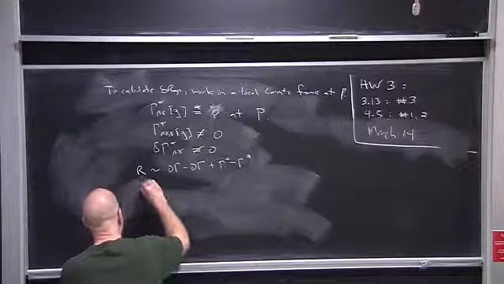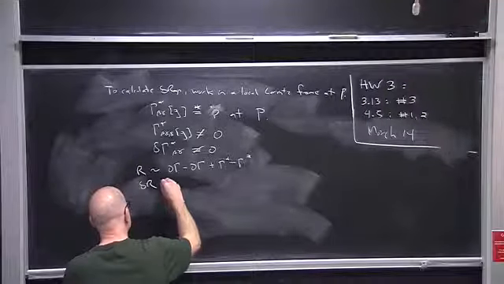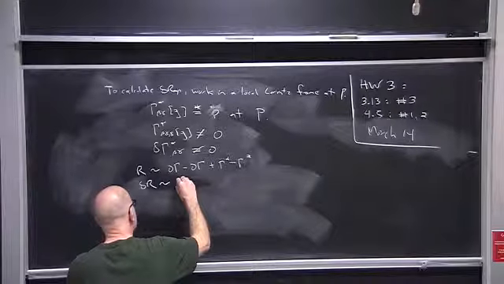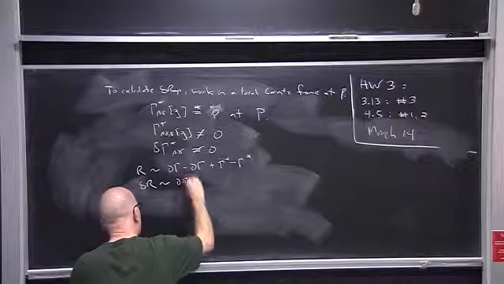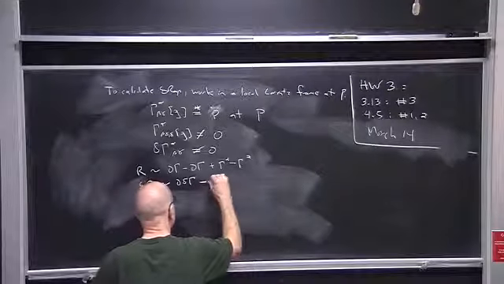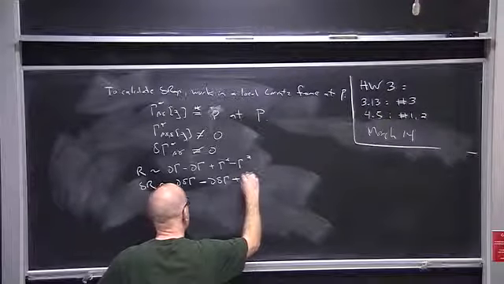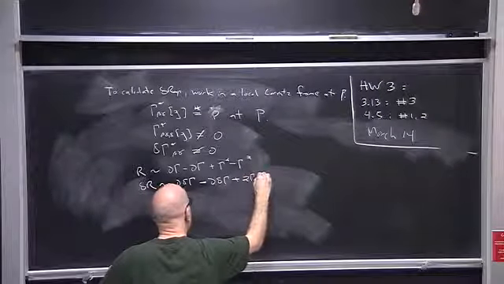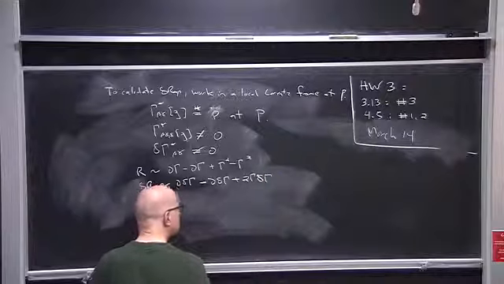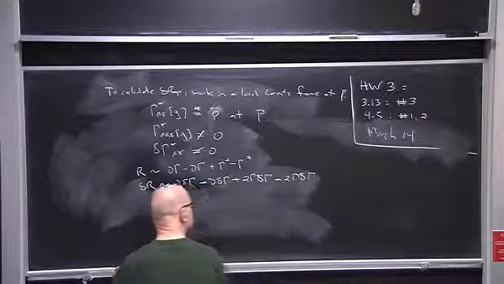If we take a variation of the Ricci tensor, what we'll get is a derivative of a varied connection minus a derivative of a varied connection plus twice a connection times its variation minus twice a connection times its variation.